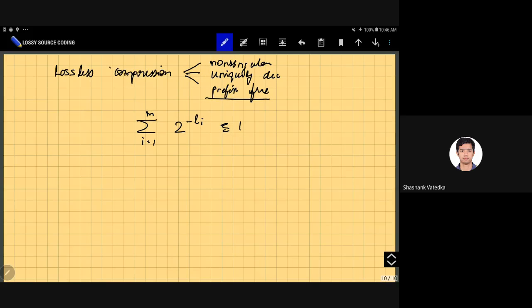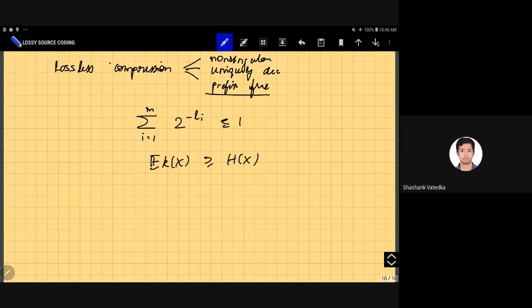And we saw that among all prefix-free codes for random variables distributed according to p_X, the minimum expected length has to be greater than or equal to H of X. Then we tried to design compression algorithms which let you achieve a compression length close to the entropy.